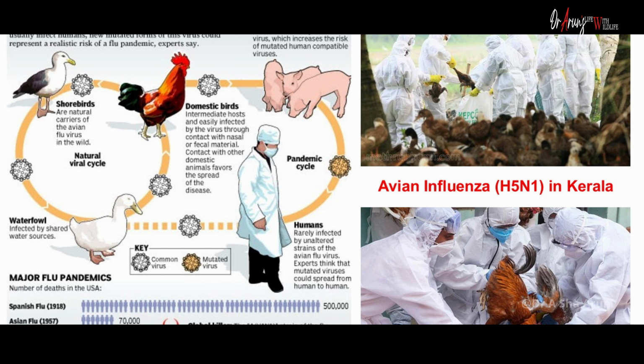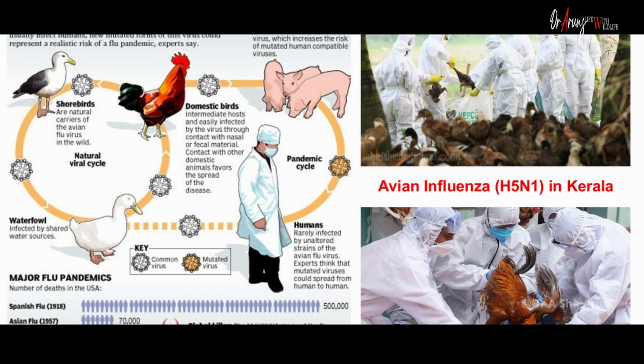The other important outbreak we have encountered in the recent past was avian influenza, the very well-known H5N1 strain, in Kerala. In April 2024, an outbreak of H5N1 avian influenza was detected in ducks in Alappuzha district of Kerala.